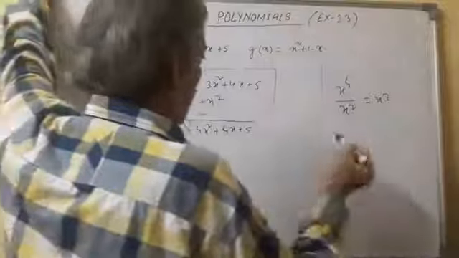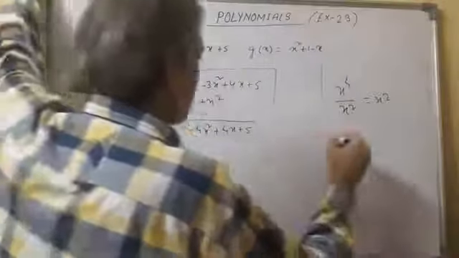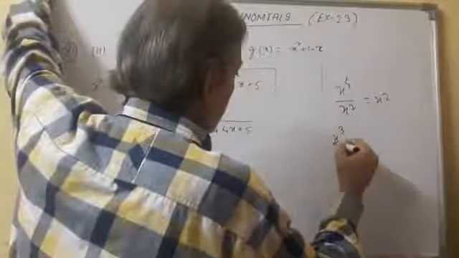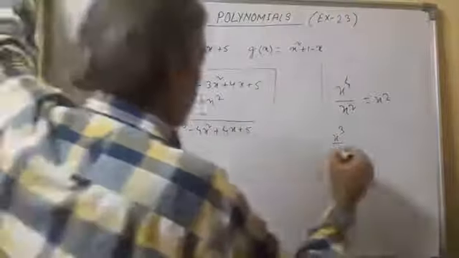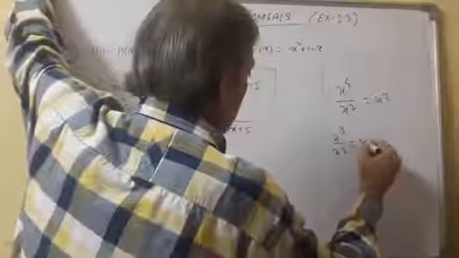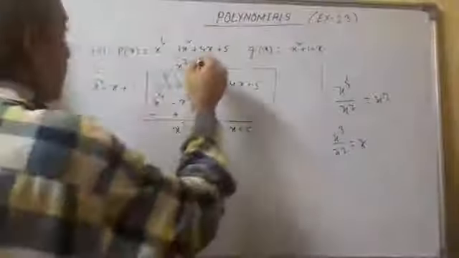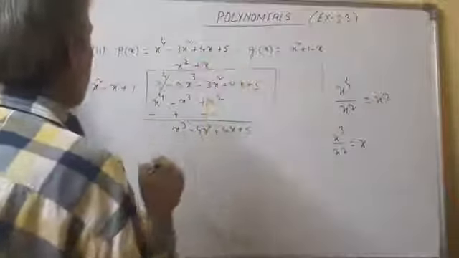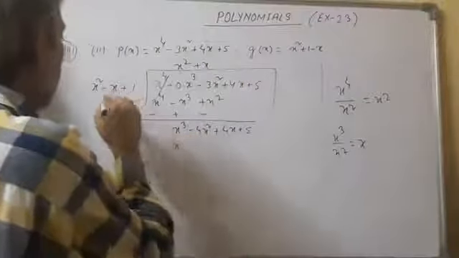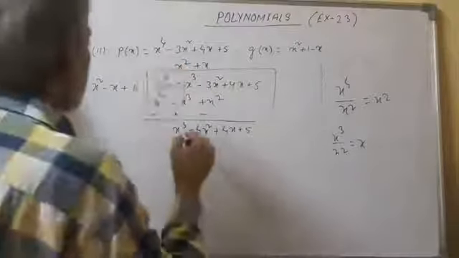So now again the same thing we will repeat. First term divided by first term. We are getting x. Write x over here. Multiply this thing by x.